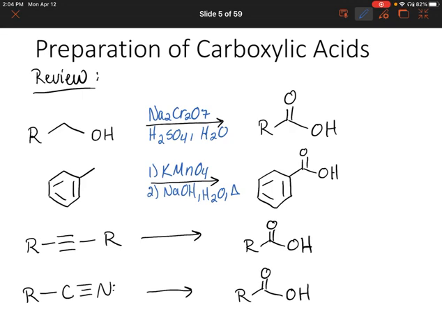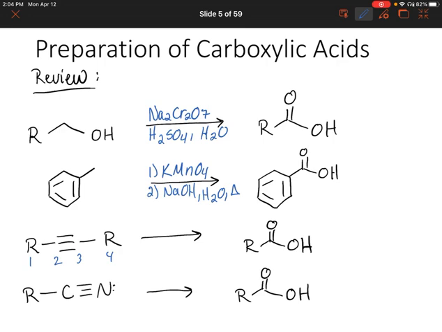Okay, what about our alkyne? How would we turn an alkyne into a carboxylic acid? Well, I'm noticing right off the bat that our product has fewer carbon atoms. So let's see, 1, 2, 3, 4 carbons are in our starting material.